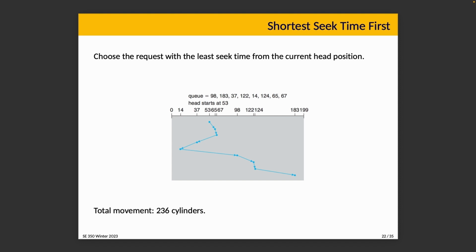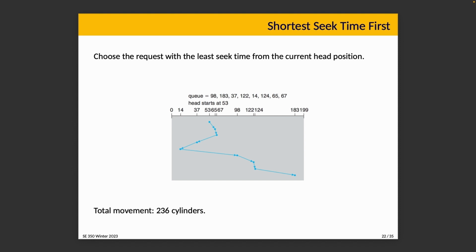Using the same example as before, we start at 53, and the closest one by our math is 65, because it's only 12 away. From there, 67, then 37, 14, 98, 122, 124, 183. Following this routine, the total movement for the disk head is 236 cylinders.